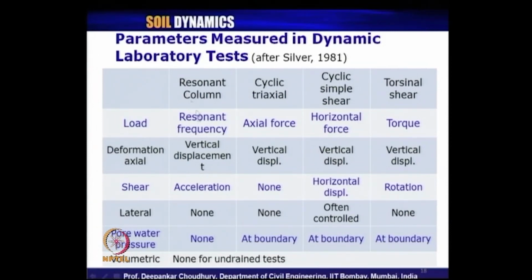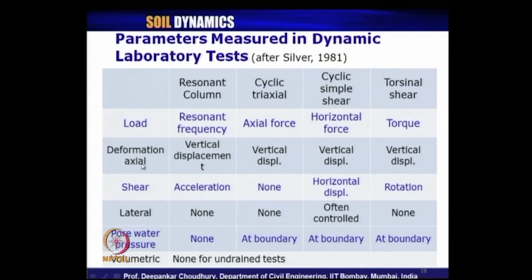So, for load, in the resonant column test we measure the resonant frequency. In the cyclic triaxial test, we measure the cyclic axial load provided. In the cyclic simple shear test, we measure the cyclic horizontal force applied, and in the cyclic torsional shear test, we measure the cyclic torque applied to the system.